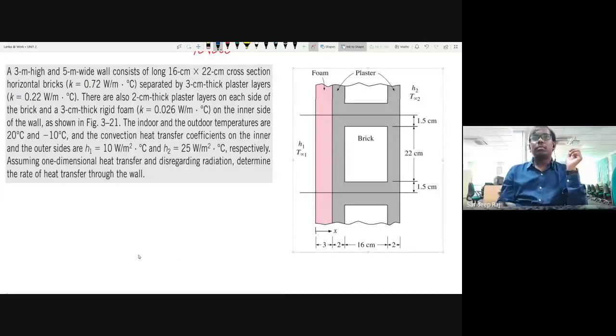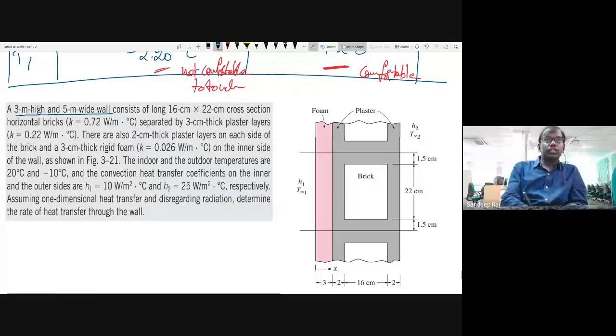So this particular problem is representing the real-time wall. Okay, what is the heat transfer that is happening through this wall? We are trying to find that out in this problem. What he has given is a 3 meter high and 5 meter wide wall. So the area is 3 meter into 5 meter.